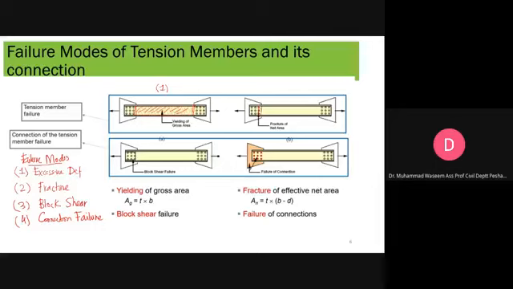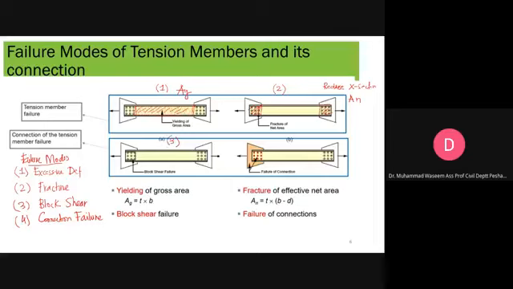Fracture will occur in this region, due to the presence of holes. The presence of holes reduces the cross sectional area, and we call this area the net area, whereas in excessive deformation we use the gross area. So this is the first failure mode, this is the second, and the third failure mode is the block shear failure.